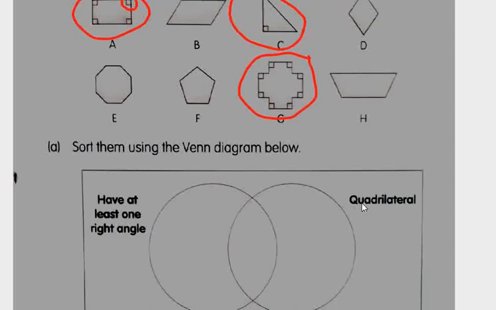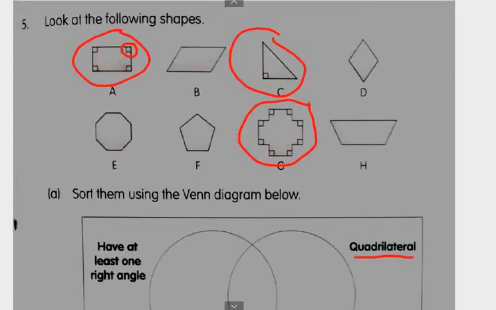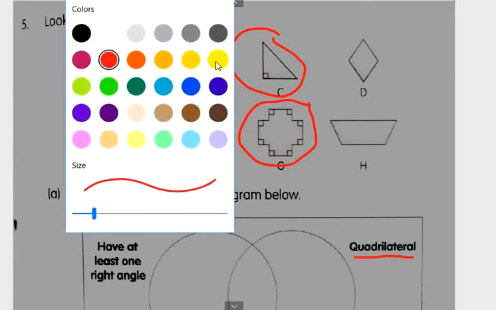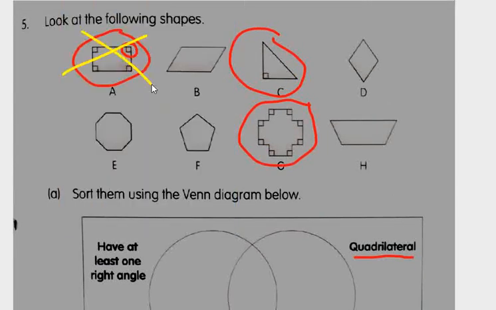Now let's look at the second category. It is quadrilateral. It means it should have 4 sides. So which ones have 4 sides? Only this. This one has many sides, and this has only 3.